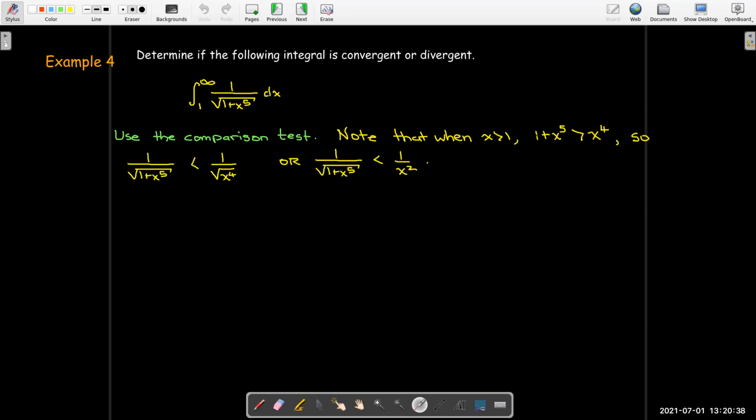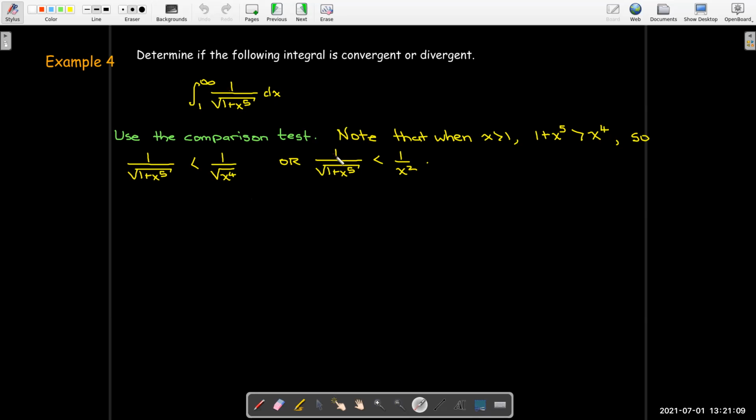Now, notice this: if I can establish an inequality for the denominators, when I take the reciprocal of those, then I'm going to reverse the inequality. So that makes sense, that as the denominator gets bigger, the whole fraction will get smaller.